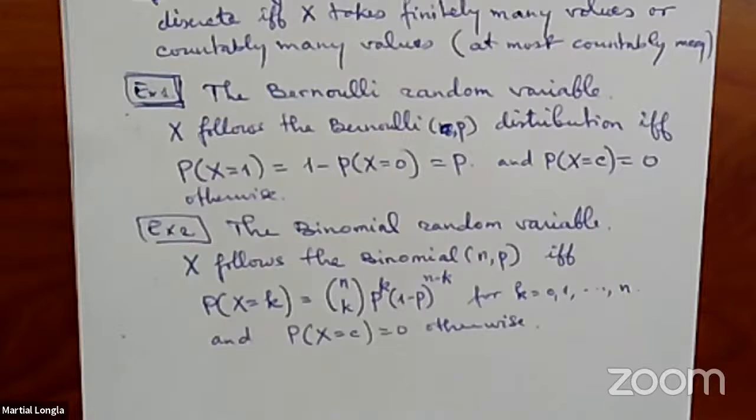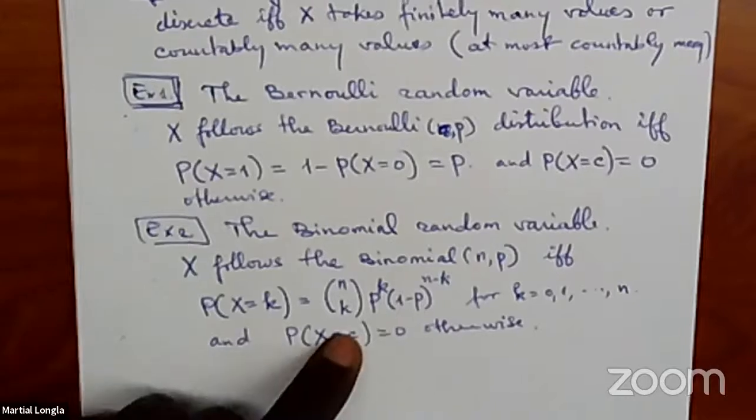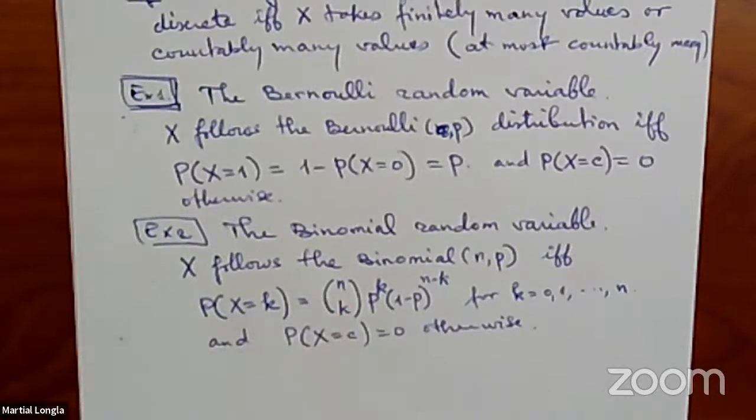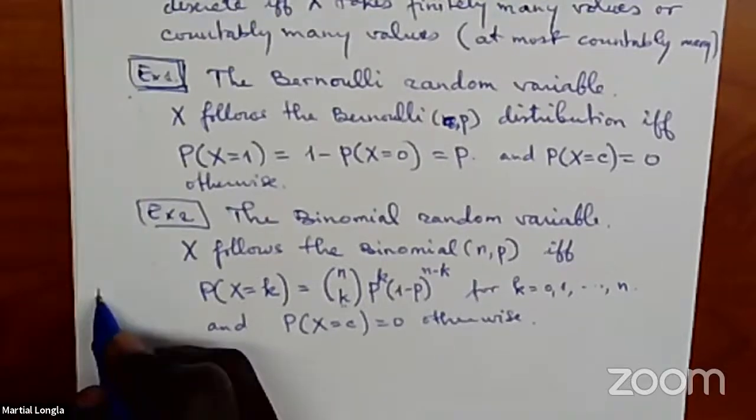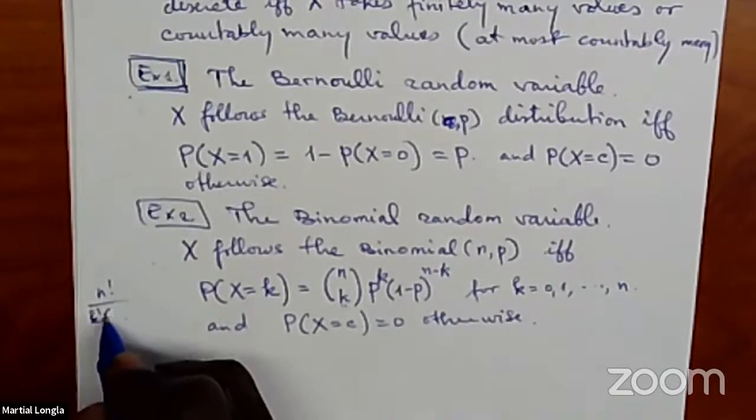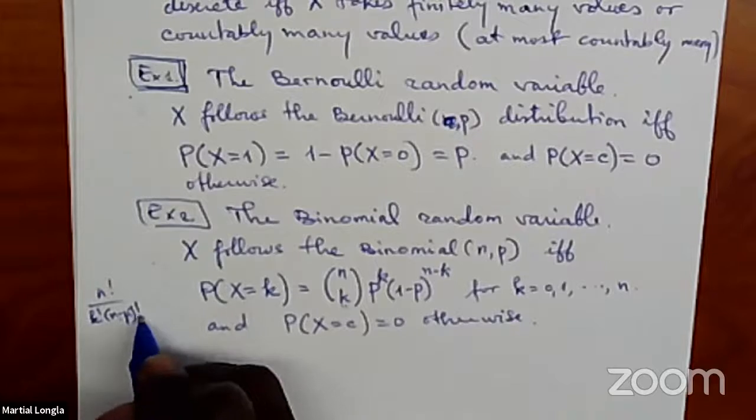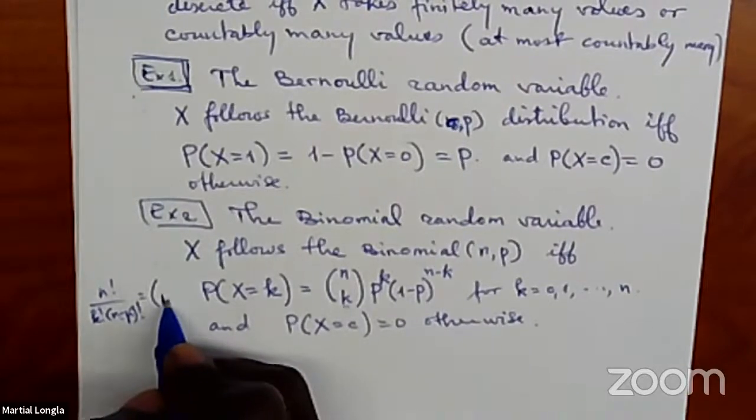The random variable that assigns to that experiment the number of successes has this distribution, which is called the binomial distribution. This n choose k is what we denoted when we were doing counting. It is the number of combinations of k out of n, which is n factorial divided by k factorial times n minus k factorial. This is what that notation is.